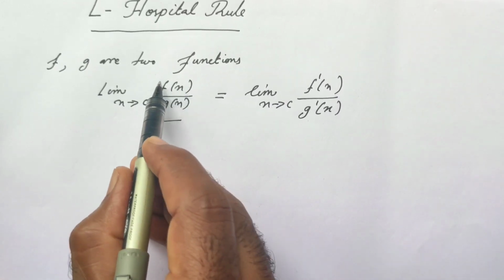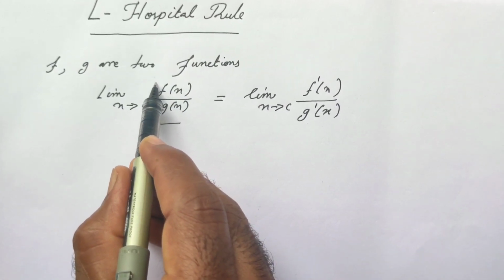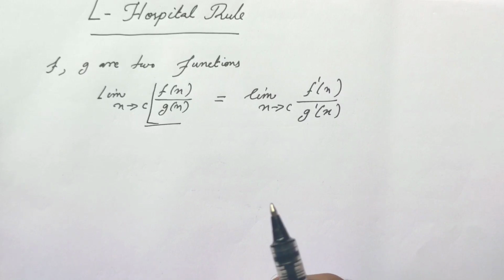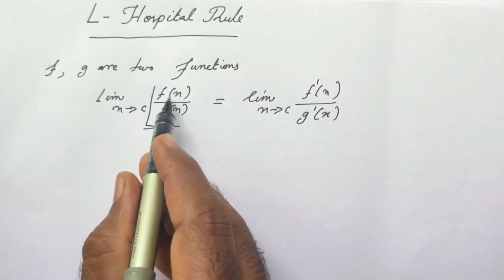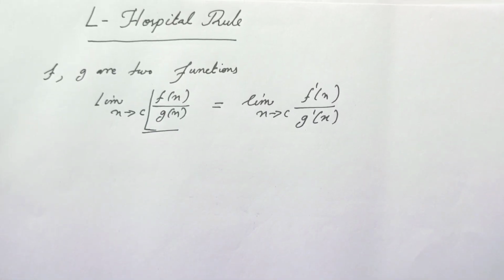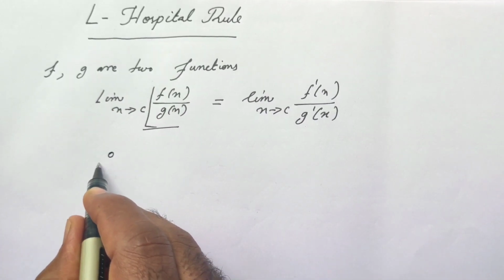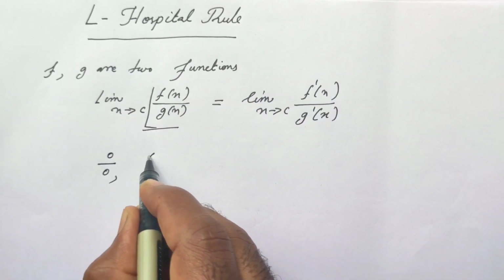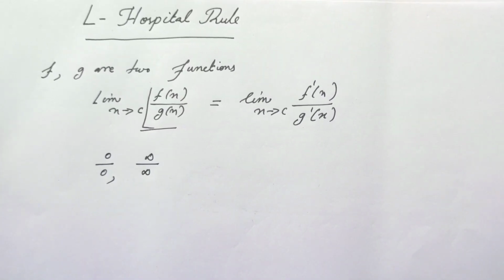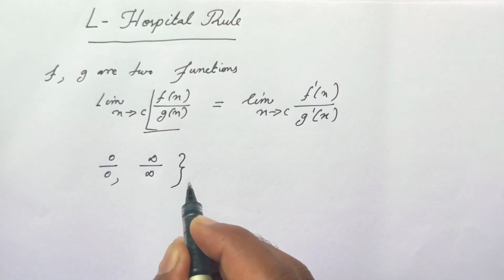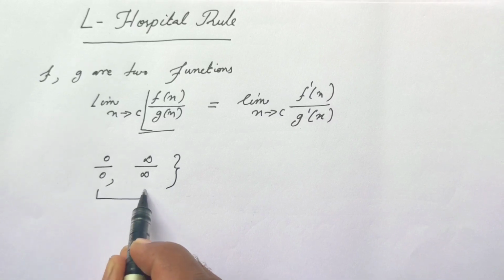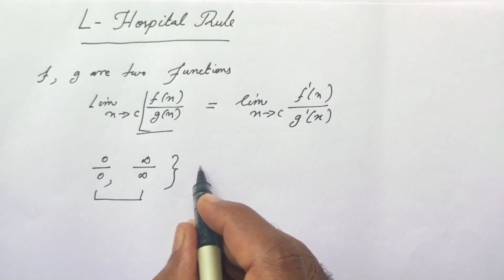So here the given function is a quotient function f of x divided by g of x, and the indeterminate forms where the L'Hospital rule can be applied are either 0 by 0 or infinity by infinity form. Only in these two indeterminate forms we can apply L'Hospital rule.